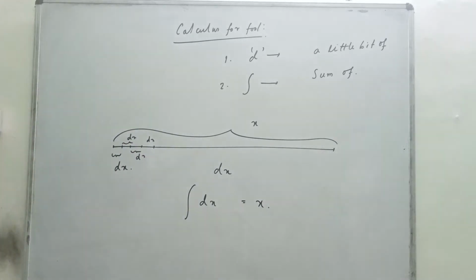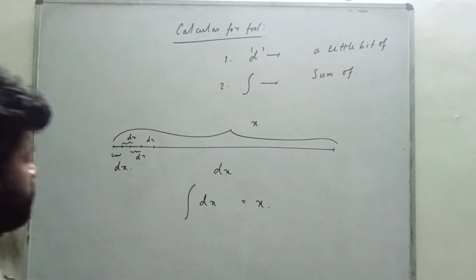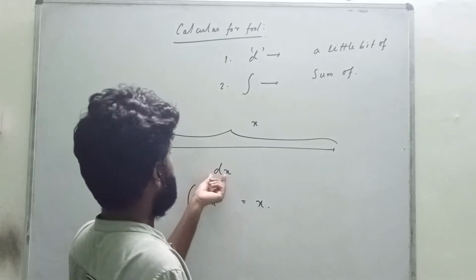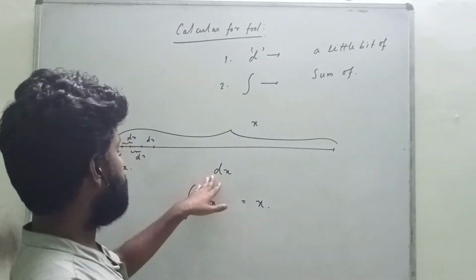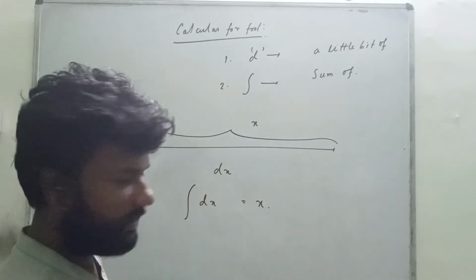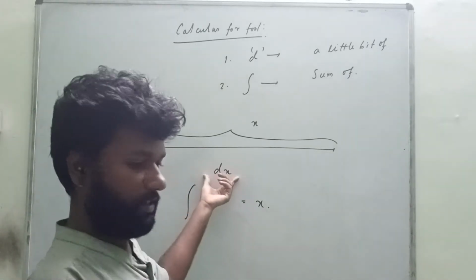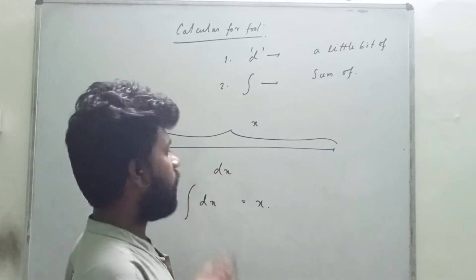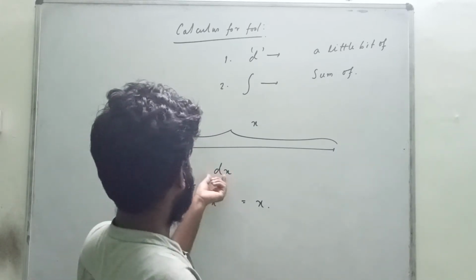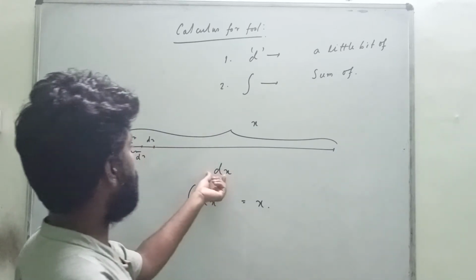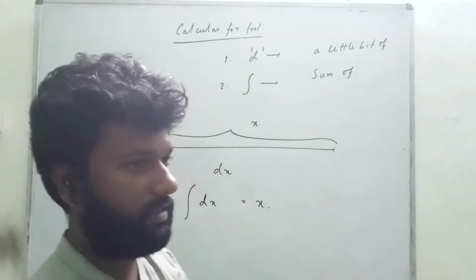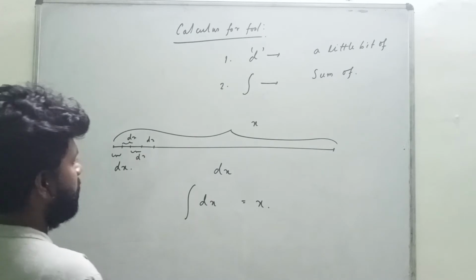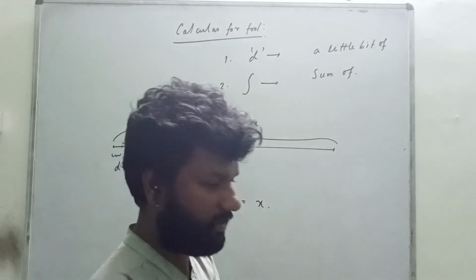So d means a fraction of something, and d is an operator. What does this operator do? It operates on x and breaks the x into very small pieces.